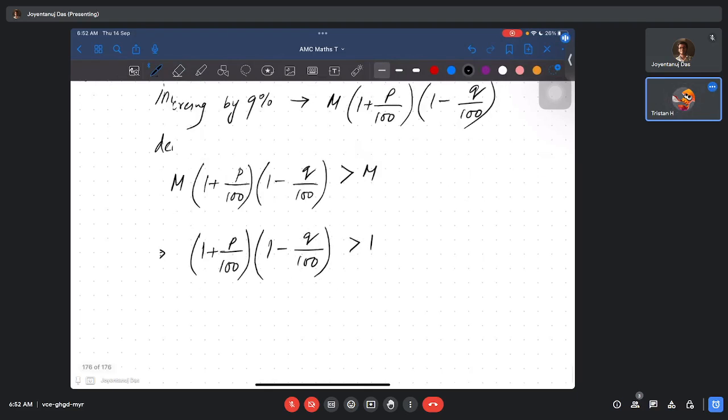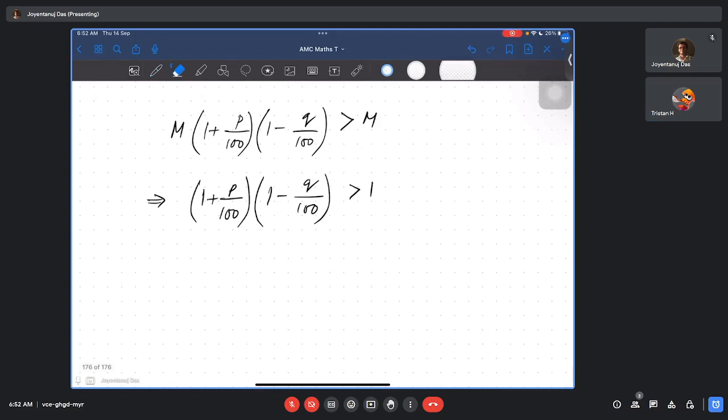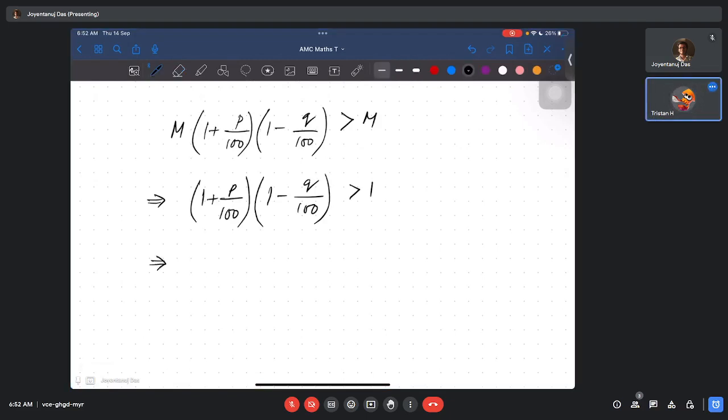So it'd be 1 plus P over 100 times 1 minus Q over 100 is larger than 1. Right. So if we simplify, what do we get? Simplifying, I got 1 plus P minus Q minus PQ over 100.